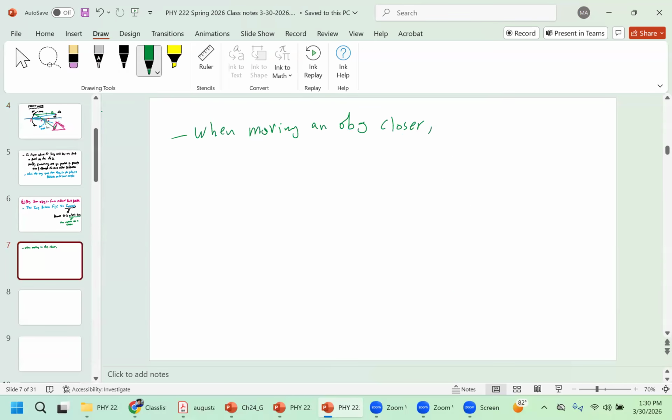I'll just draw it. These are my principal axes right over here. This is my pole B. This is F. This is C. And let's say my object is right over here. No, let me get the object closer.